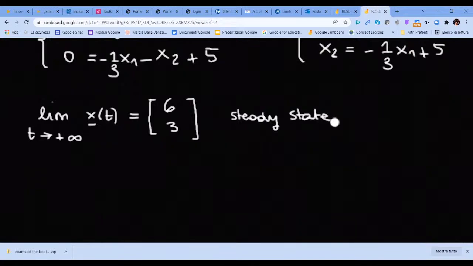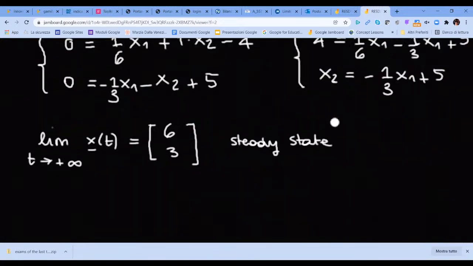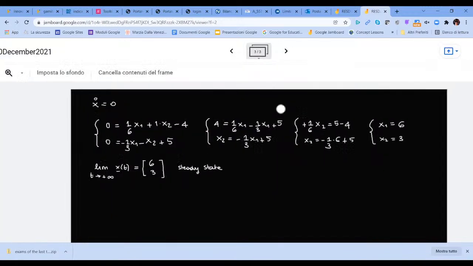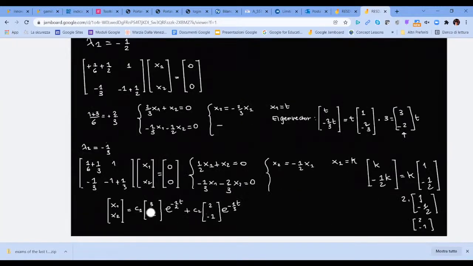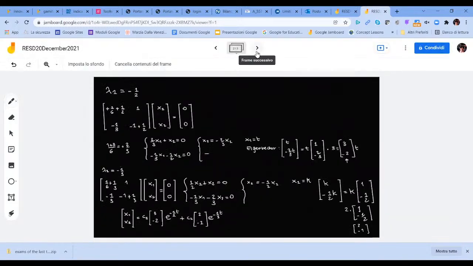So how do we compute now the constants that solve our problem? Because we were stuck, the solution was with constants C1 and C2. Of course, what we do now is to compute a particular solution. Okay, rewrite the new solution.